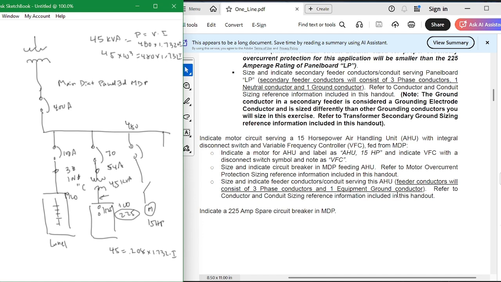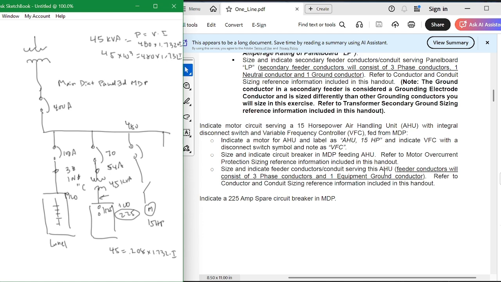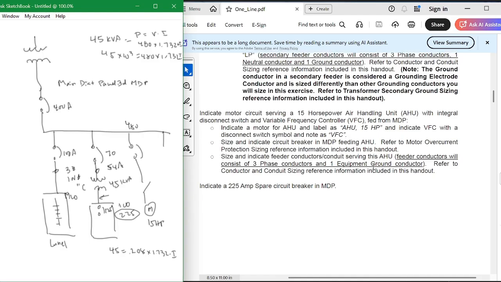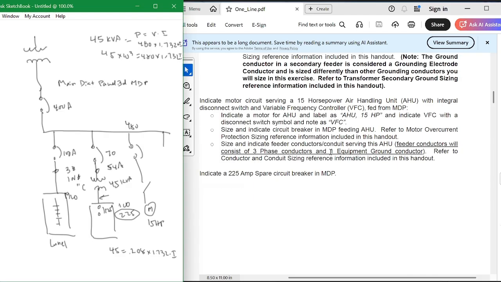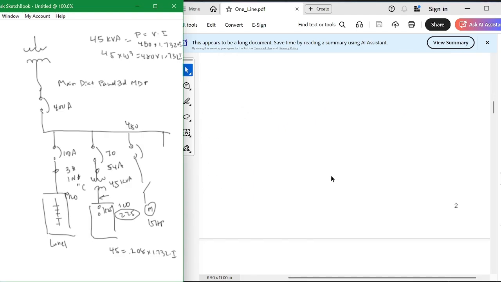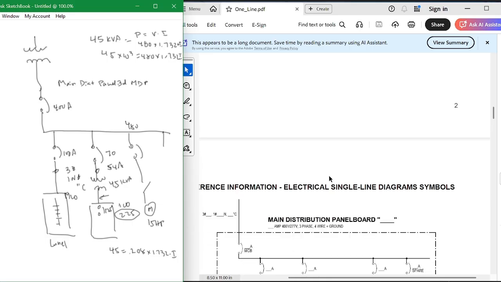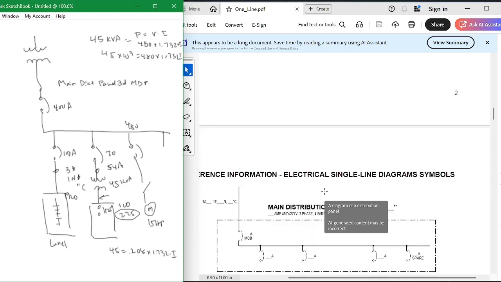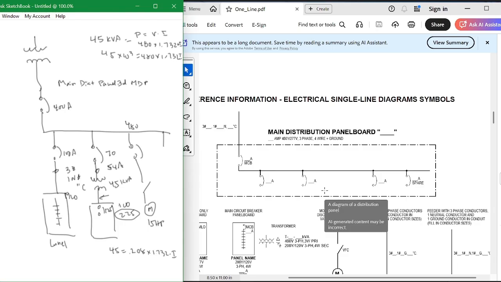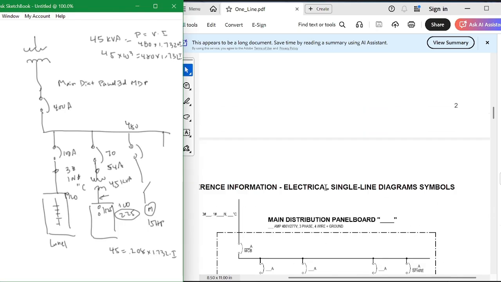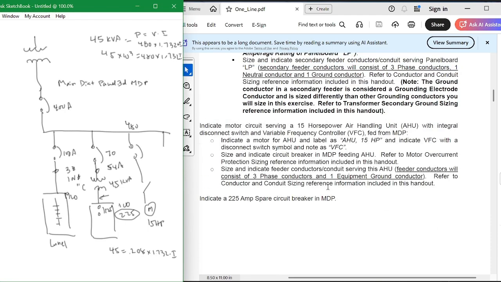Okay, all right. Now it's going to have a labeling on it, and it's going to say all the things that you need, because it's a variable frequency controller, it basically is going to tell you what it needs. And this is where you just read through the directions of what it is, and you say, okay, what is it that we're going to need here?